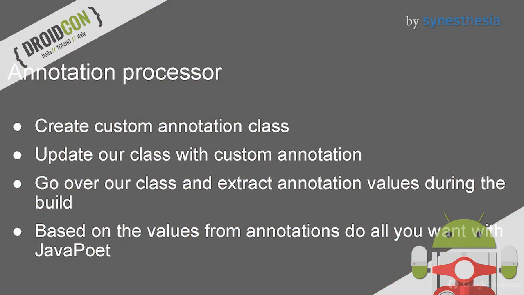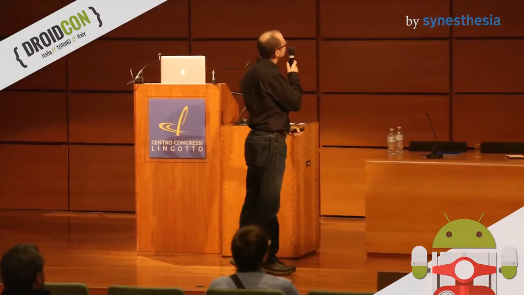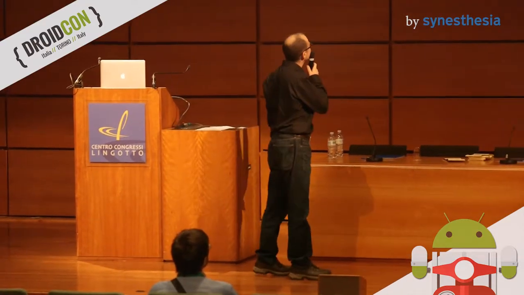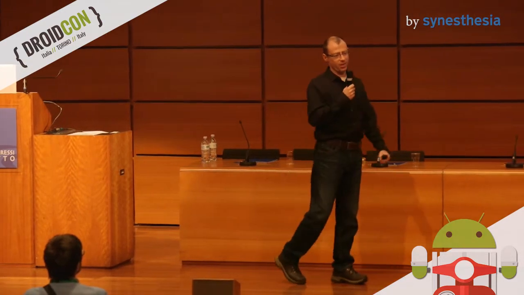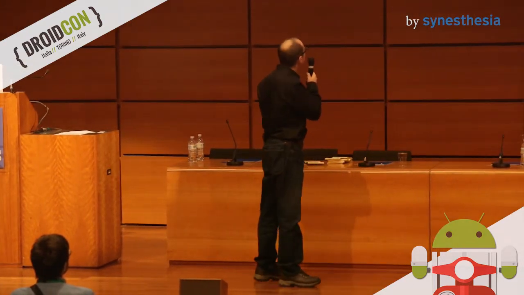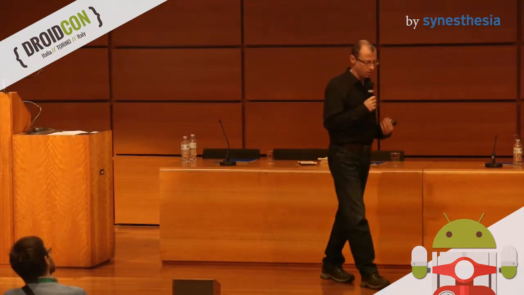So, if we think a little bit deeply about what we have seen in previous slides, we did create a custom annotation class. We did update our class with the custom annotation. We have done some work with reflection. And based on the values from annotations, basically we can do anything we want with Java Poet.